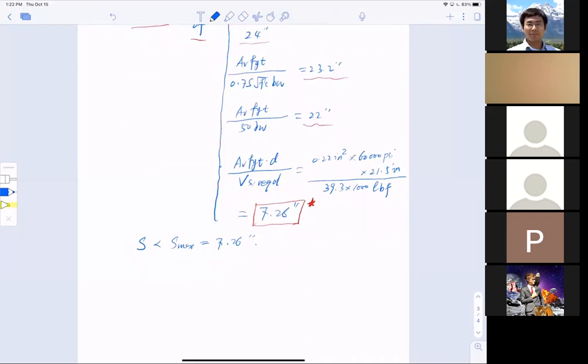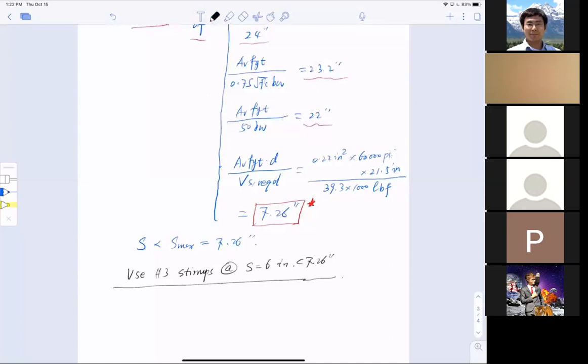Just to ease the fabrication, I am going to use number 3 stirrups. Don't forget, all these calculations are based on number 3 stirrups at a spacing of 6 inches, which is smaller than the 7.26 inches requirement. Half foot.